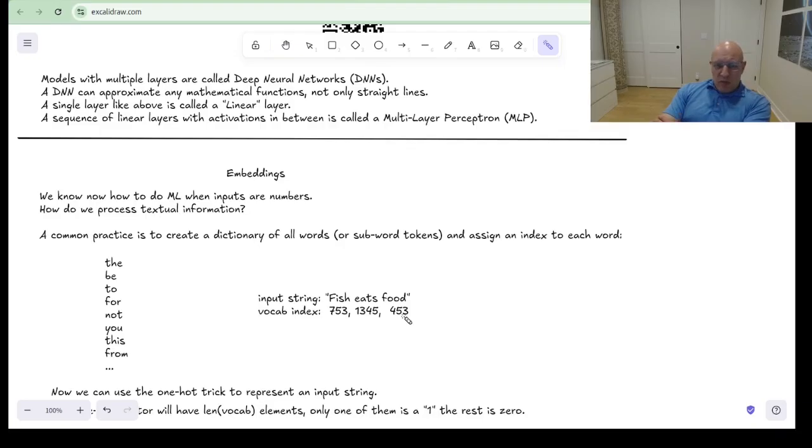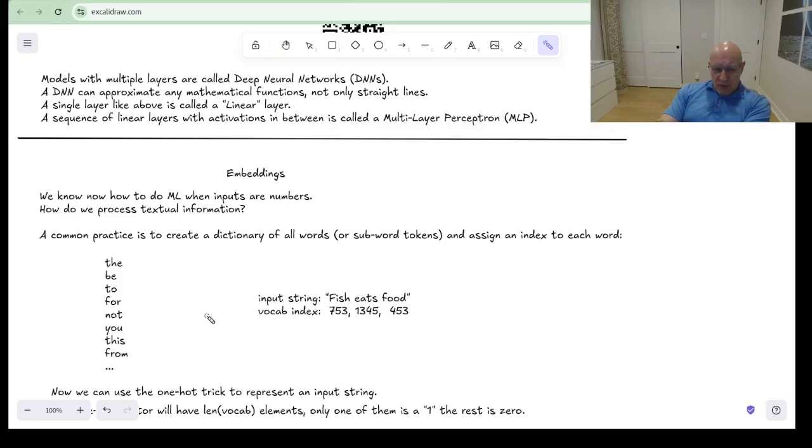The problem is that the word at position 753 is not close to the word at position 754 or 752. Just because they happen to be close together numerically by index in your vocabulary doesn't mean that those words actually have similar meaning. And that would confuse your machine learning system.